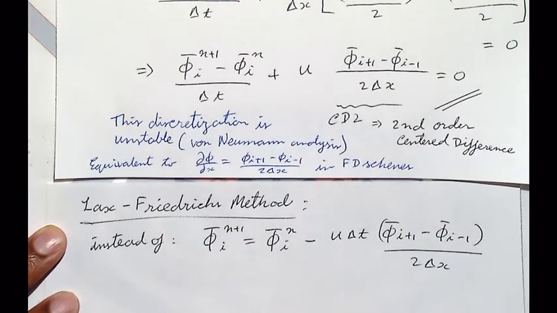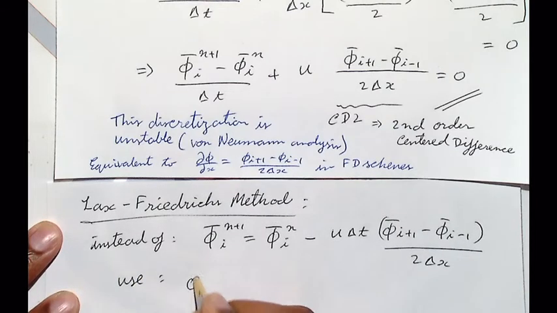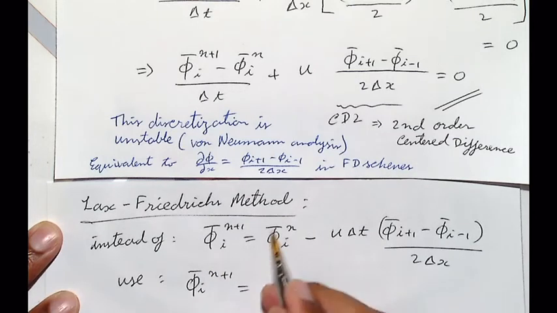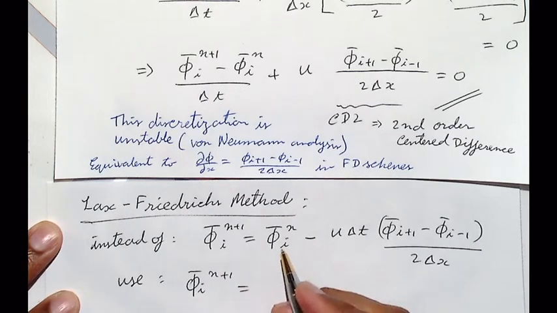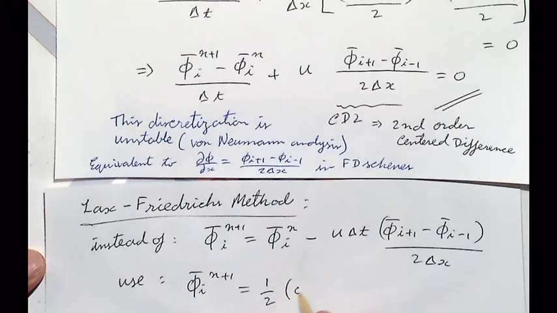Instead of doing that, we do a slightly different approximation. We say, all right, this is not phi I anymore. We replace it with the average of phi I minus 1 bar plus phi I plus 1 bar.